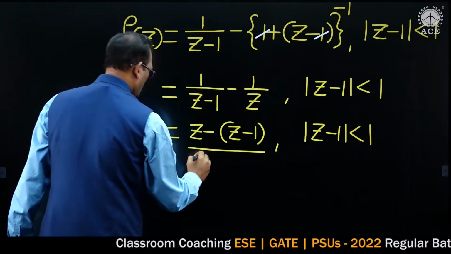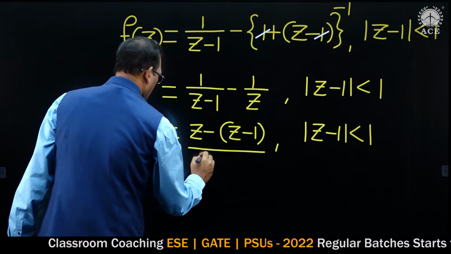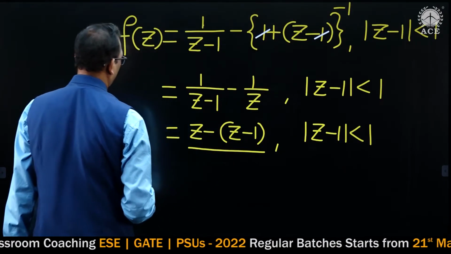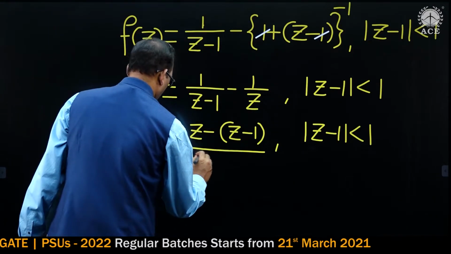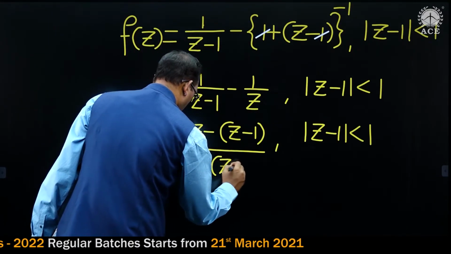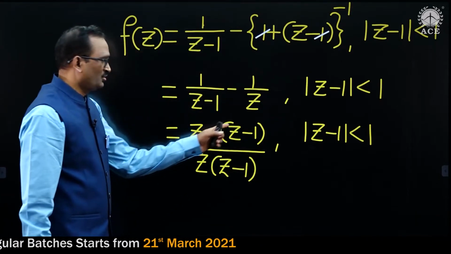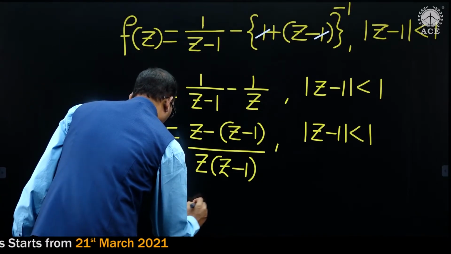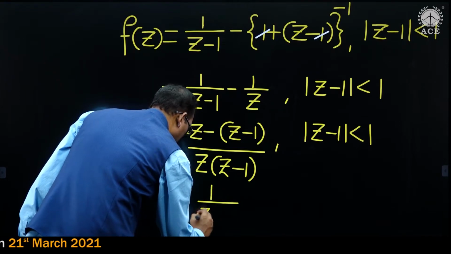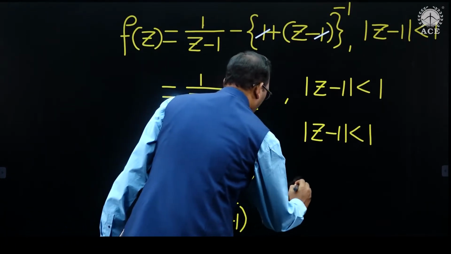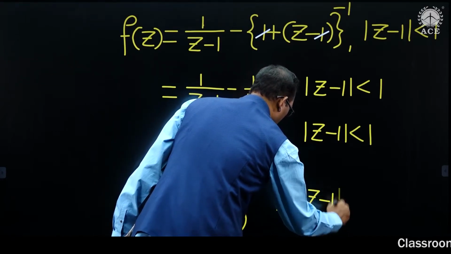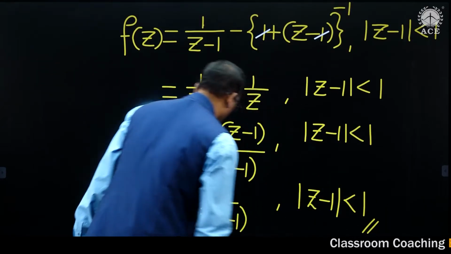Now the numerator is 1. This is equal to 1 by z into z minus 1, valid in the region modulus of z minus 1 less than 1.